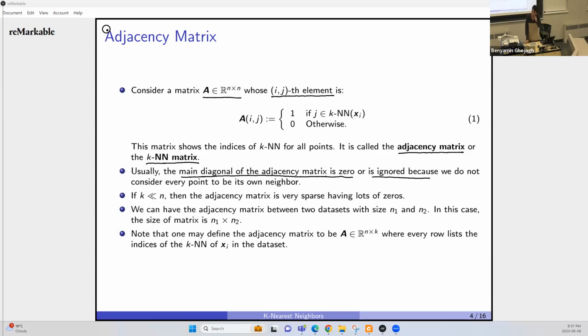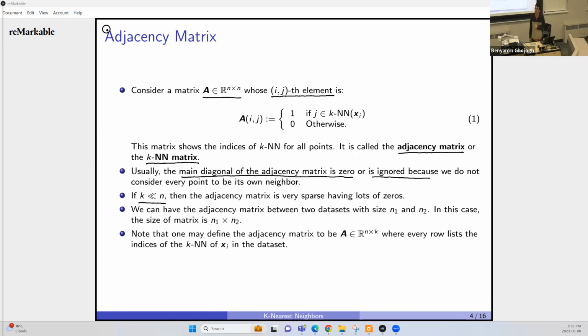In some algorithms, especially in graph neural networks, intentionally they add edges from every vertex to itself. But ignoring those new things which have come recently in machine learning, we usually ignore the main diagonal of the adjacency matrix. If k is much less than n, what does it mean? n is the number of points, k is the number of neighbors.